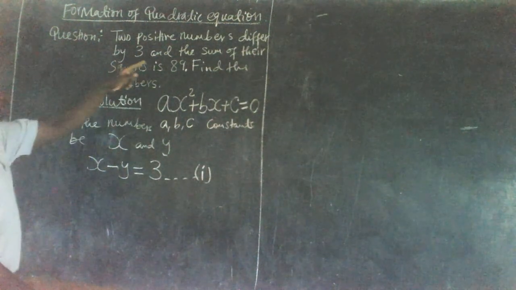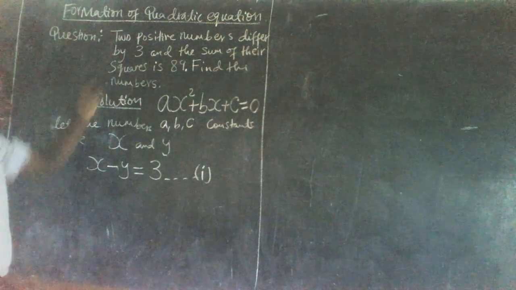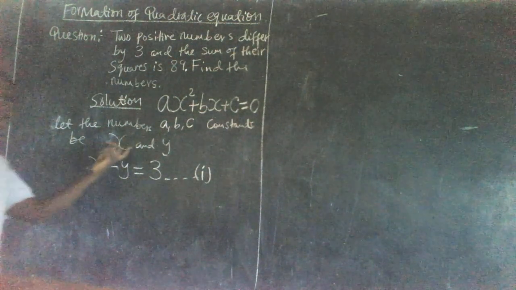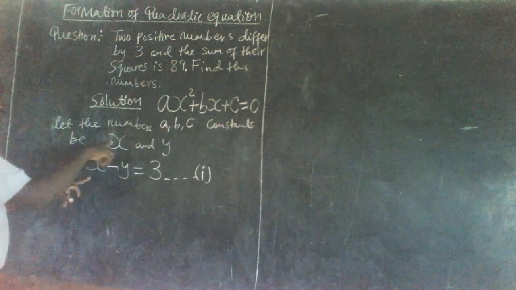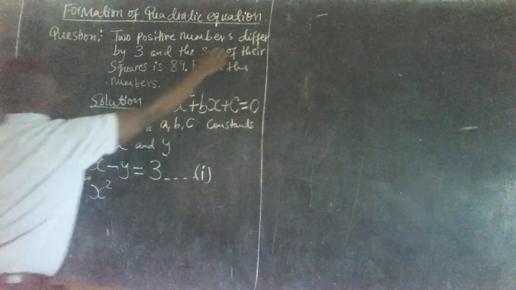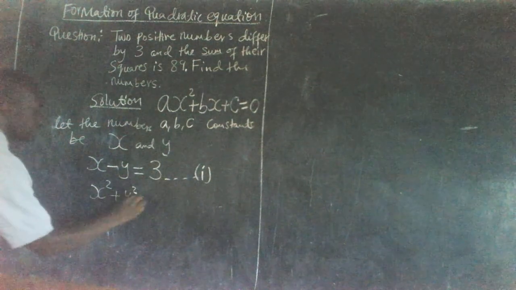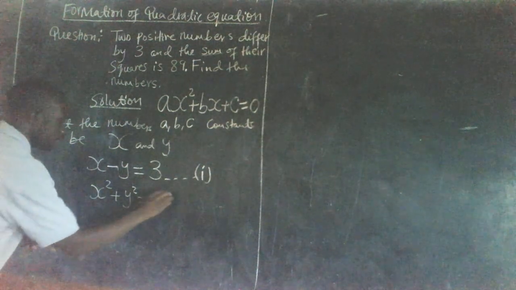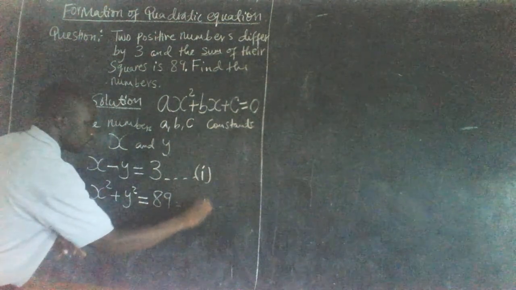Then from the other statement, the sum of the squares of the two numbers is 89. So x squared plus y squared is equal to 89. We call this the second equation.